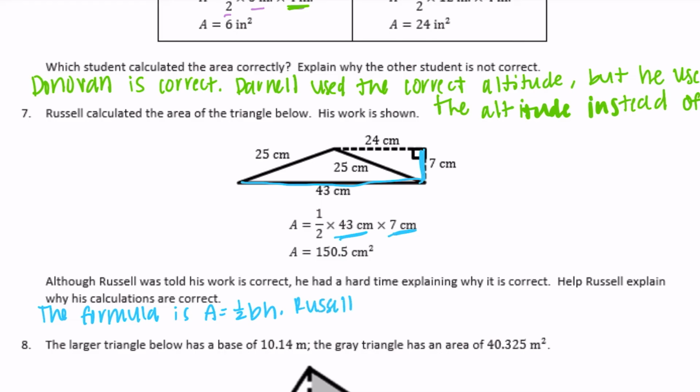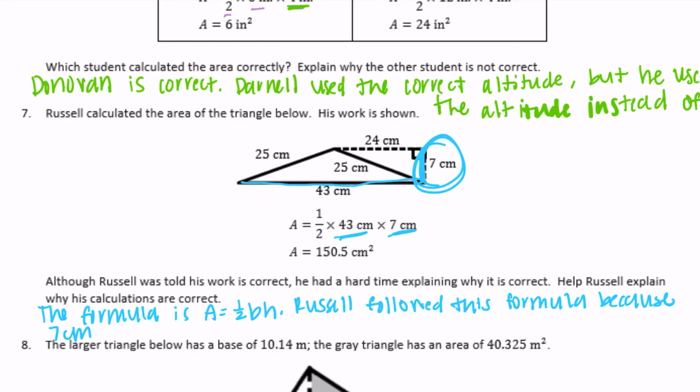Russell followed this formula because 7 centimeters right here is the height and 43 centimeters right here is the base. So when he multiplied it all together, multiplied it by half, he is correct.